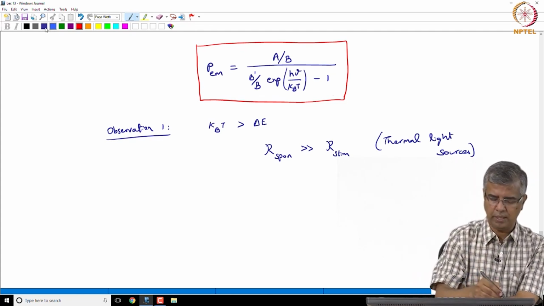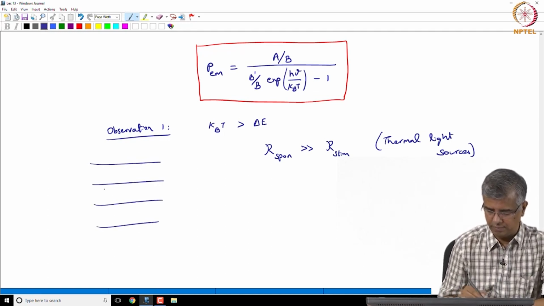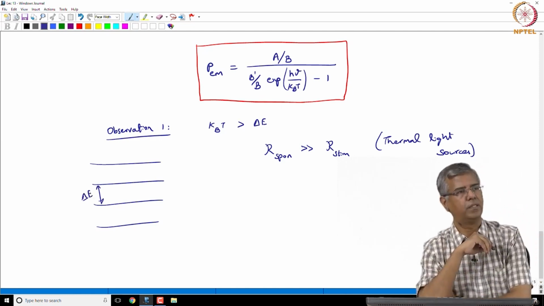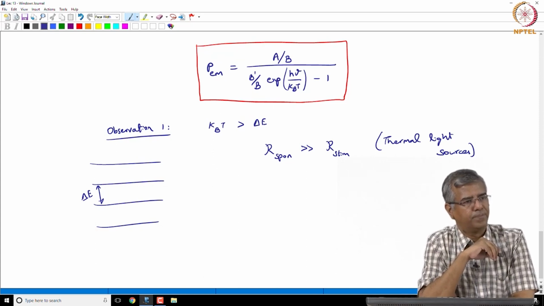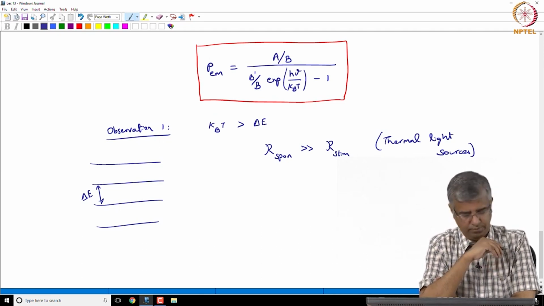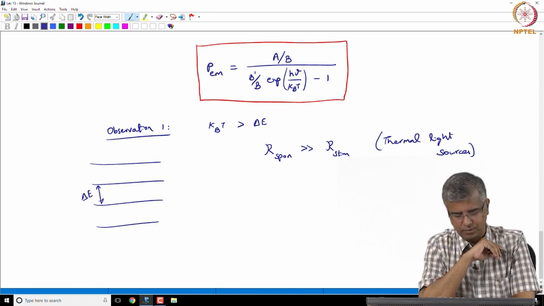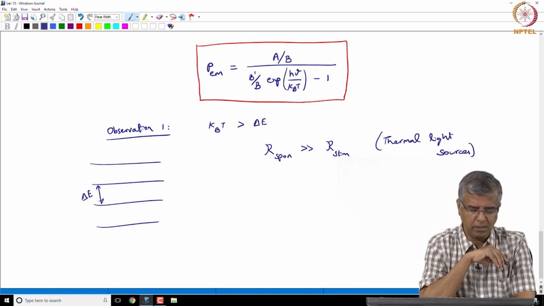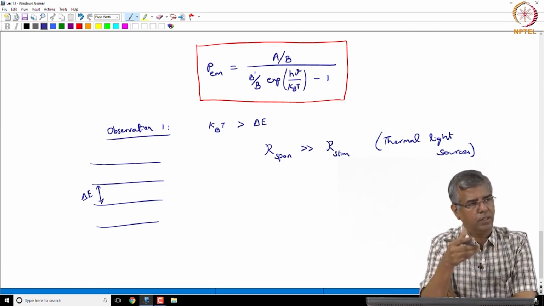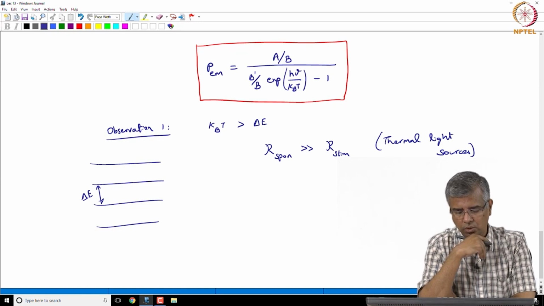So, if you say your system has all these energy levels, let us say with energy difference of delta E, okay, if your thermal energy is such that it is greater than delta E, right. So, what that means is you are going to have a lot of electrons occupying the higher energy levels, right.